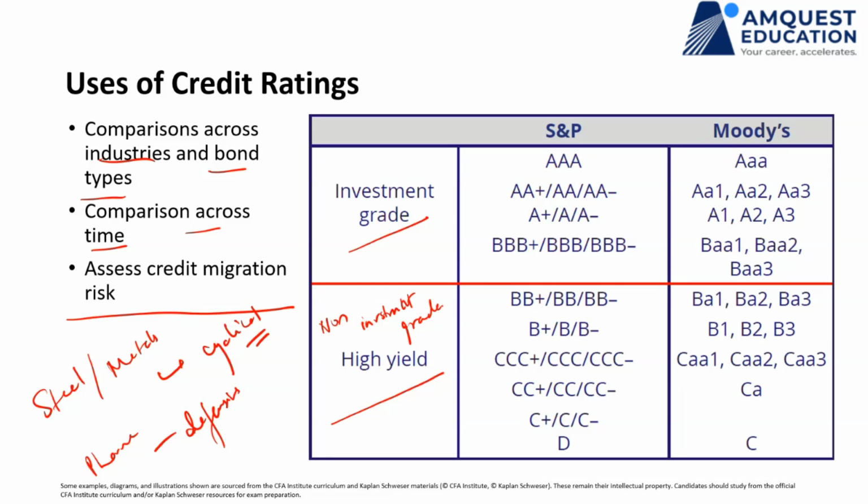Then it also happens across bond types. For example, we've talked about a callable bond is more risky for an investor versus a normal bond, which is relatively less risky. And time. Credit rating again is based on time of borrowing or time of investment. How long is the investment going to be outstanding for?